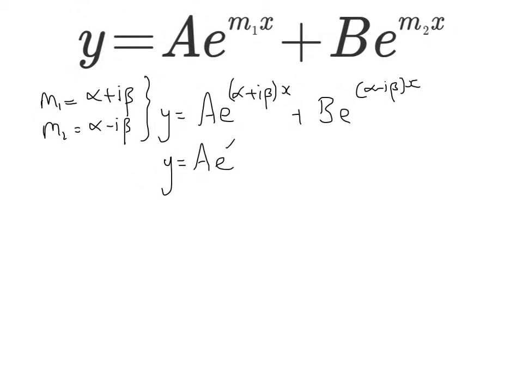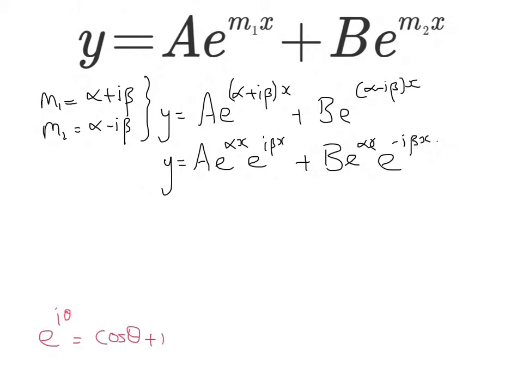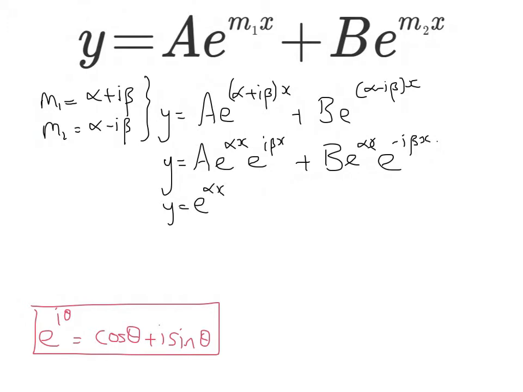We're going to use our GCSE rules of indices to pull that into the e to the alpha x, e to the i beta, or in this case minus i beta x, and then we're going to use Euler's rule that e to the i theta is cos theta plus i sine theta. Actually, first I'm going to pull out e to the alpha x.